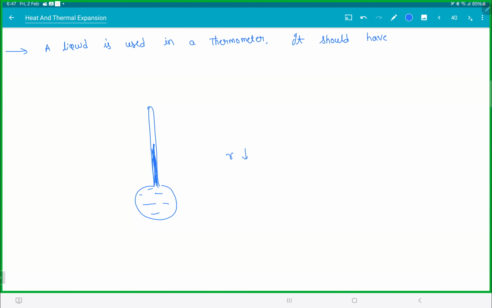That means you have to keep holding the thermometer for a long time, isn't it? So do you want the thermometer to work in a minute or in half an hour? In the smallest time possible. So gamma should be more, so that the liquid can expand much faster.